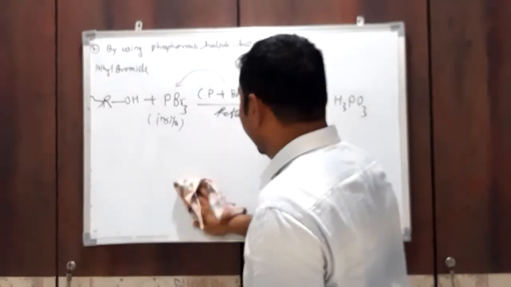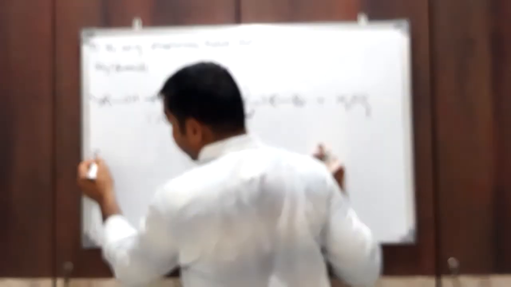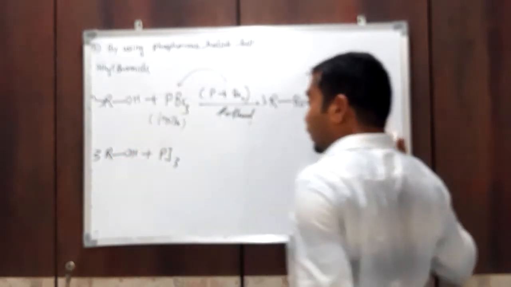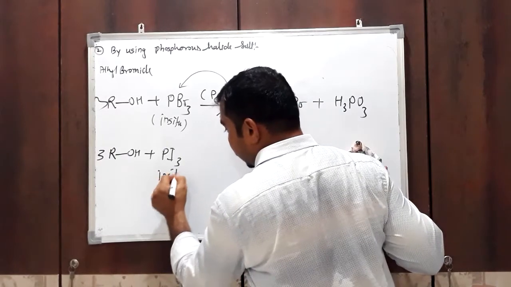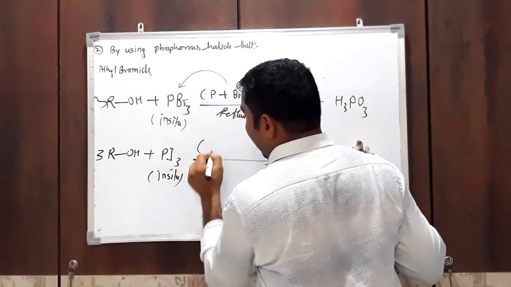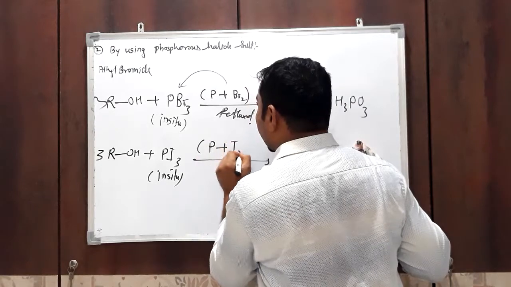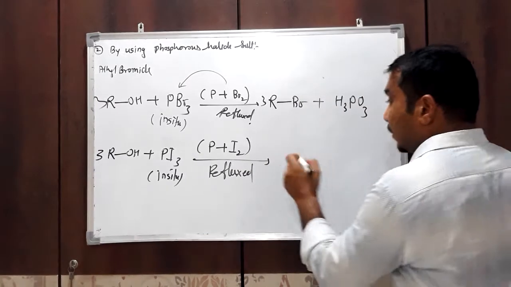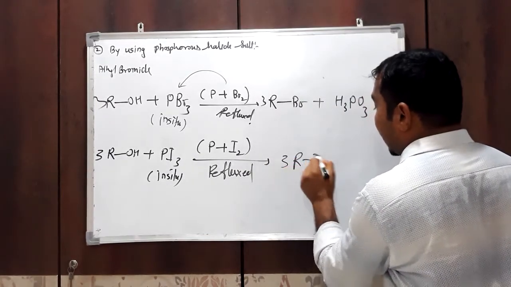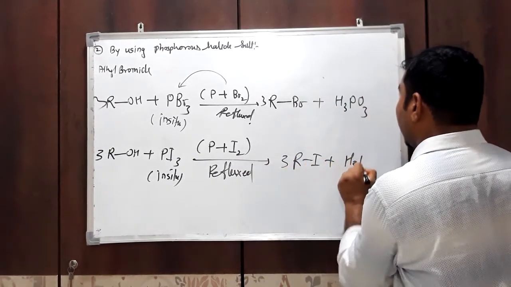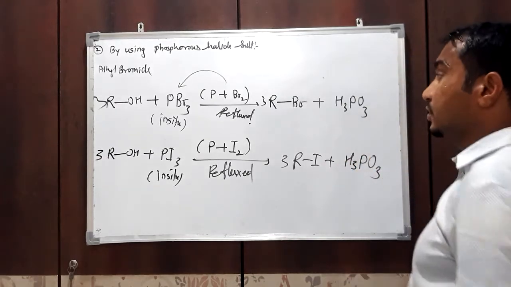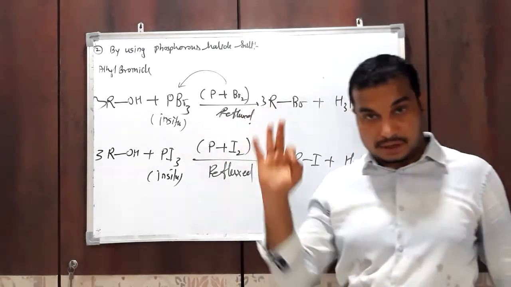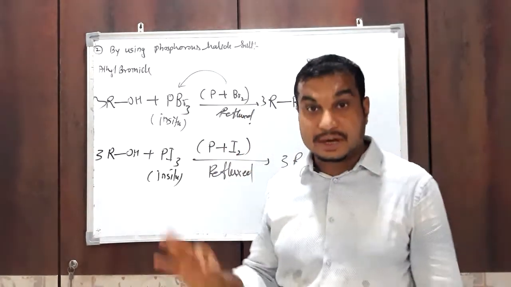And if you want to prepare iodide, then the same alcohol plus PI3 instead of PBr3, again in situ, because it is not available. So for this take phosphorus and iodine, reflux. Then you will get 3 RI plus H3PO3. By using PBr3 or PI3, we can prepare alkyl bromide as well as alkyl iodide respectively.